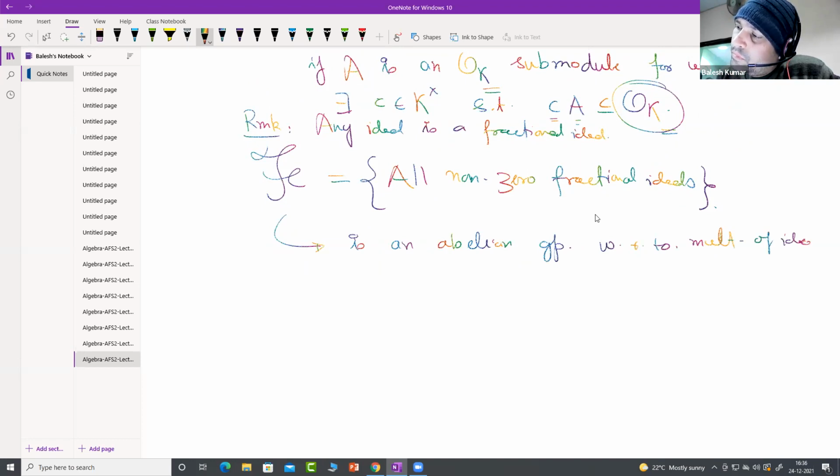It has a natural subgroup lying inside script F, which I will write as capital P, which is all non-zero principal fractional ideals.